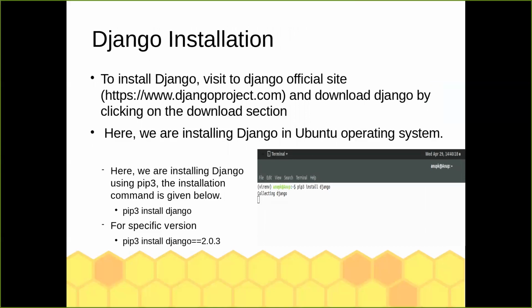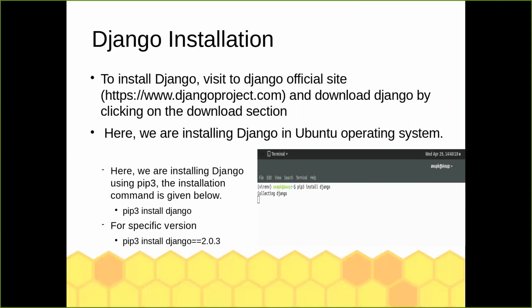Django installation. To install Django, first visit the Django official site, that is https://www.djangoproject.com, and download Django by clicking on the download section. We are installing Django in the Ubuntu operating system.